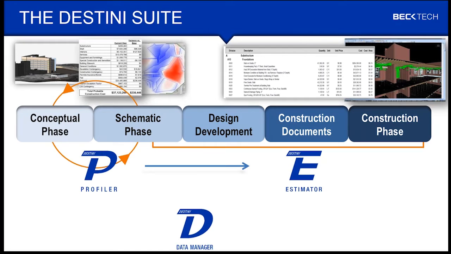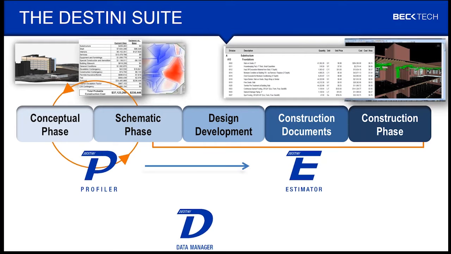Our experience is that as soon as you provide that number back to the owner, there are a number of rework loops usually undertaken as a result of the number not aligning with the owner's expectations. Profiler enables you to create a model in which you can embed costs, and you can run different kinds of analysis so that you can work collaboratively with the architect and/or the owner. Instead of having to retake off quantities, you can make changes to the model and see the impact on the cost and the schedule and all the other deliverables that you would normally give to the owner.